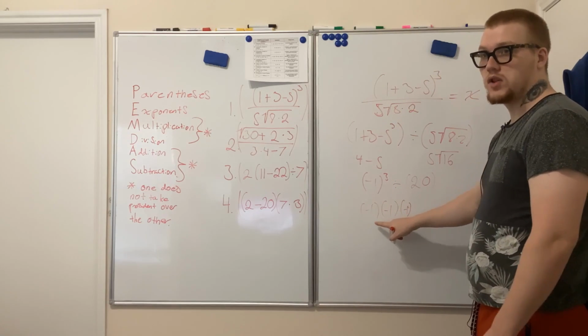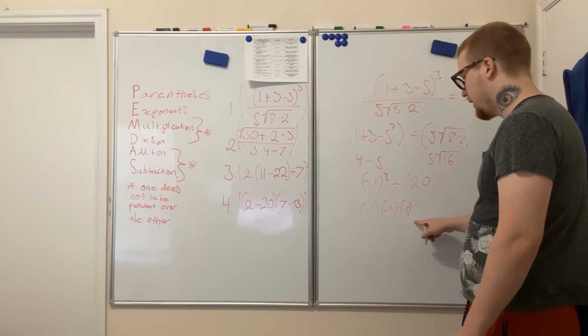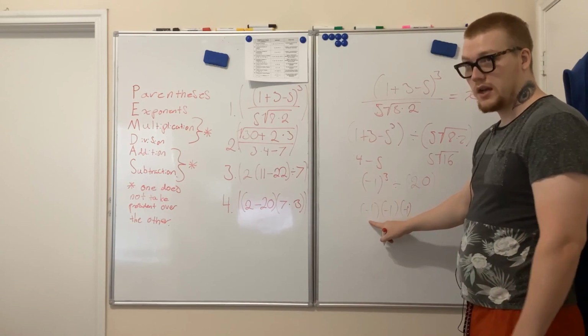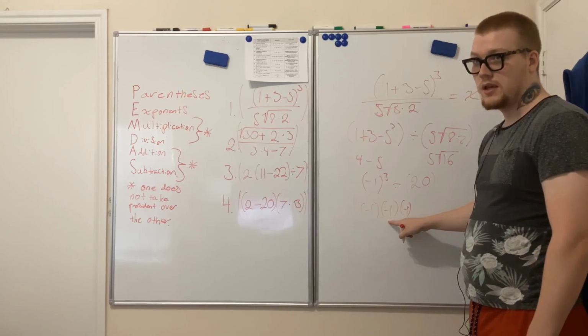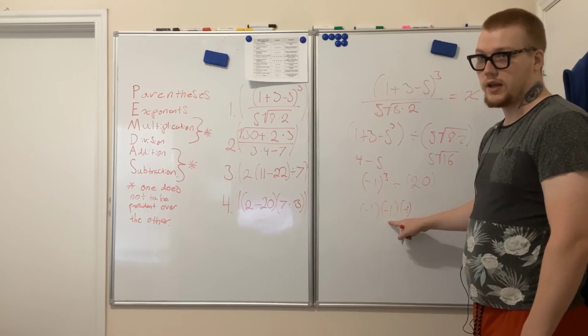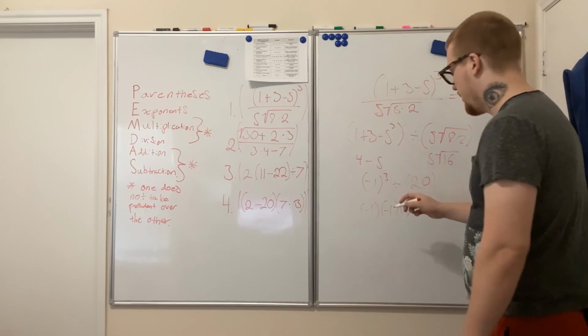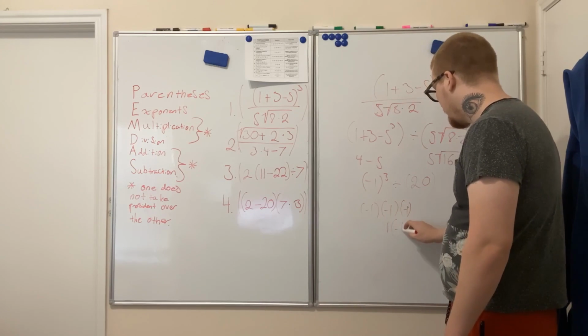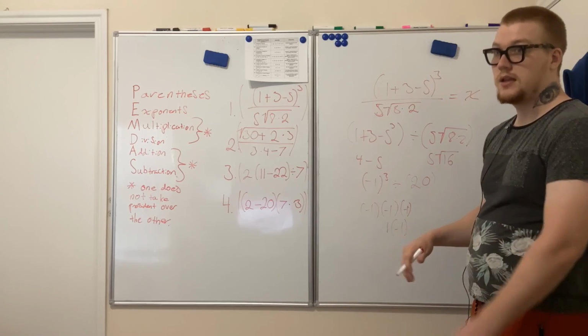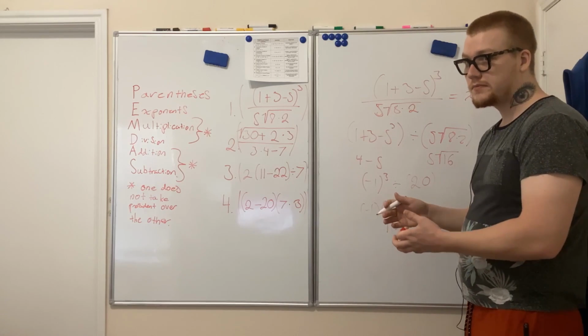And you're going to multiply each subsequent thing by the last. So, as we know from the last video, negative times a negative, you are multiplying a negative area by a negative area, therefore giving you a positive area. So we now have 1. And that's multiplied again by a negative area, giving you a negative area.